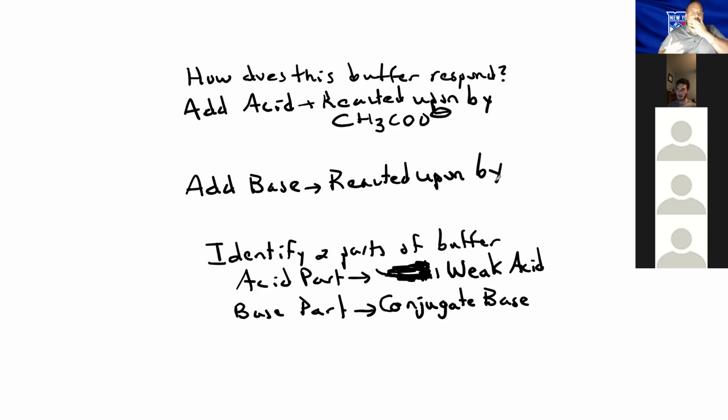The function of a buffer is to maintain the pH. So it can't be reacted upon by H plus. It's got to be reacted upon by the acid part of the buffer. And the acid part of the buffer here is CH3COOH. That is the acid part of the buffer.